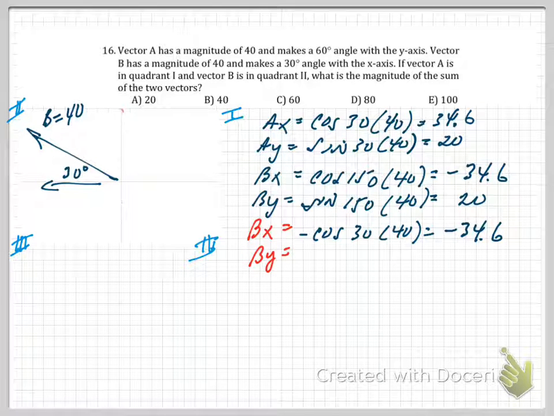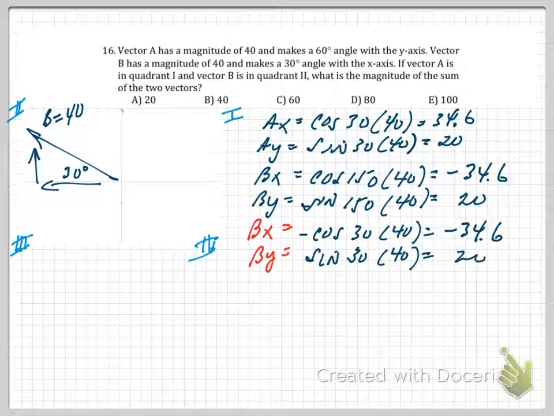And we can do sine 30 times 40, and we get 20. So it really doesn't matter which way you do it.